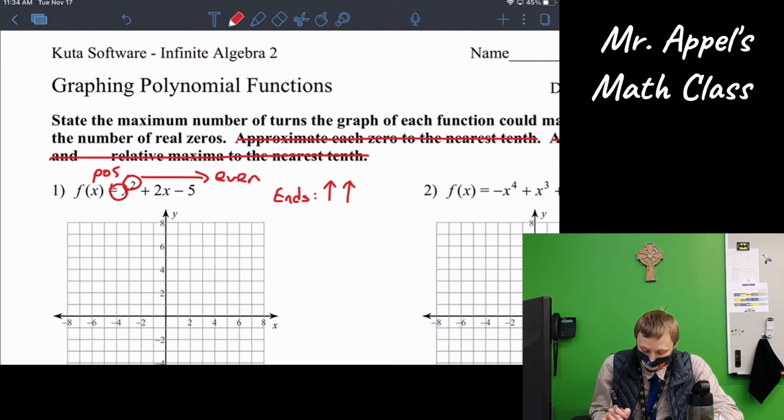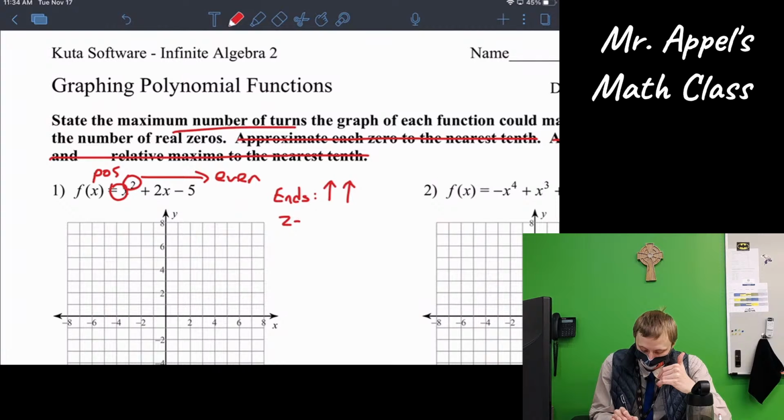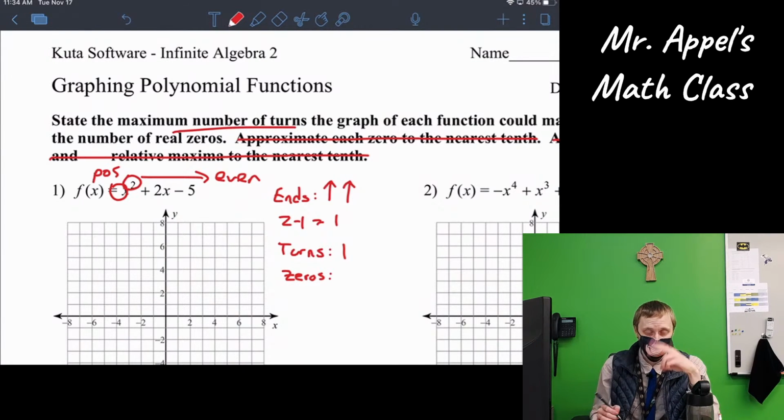And then we want the maximum number of turns. Well, if the power is 2, we subtract 1. So how many turns do we get? 1, right? How many zeros? Yeah, the maximum possible equals that 2, right?